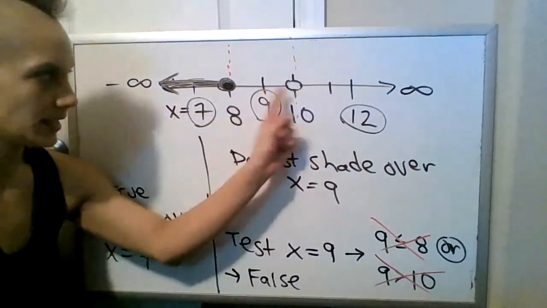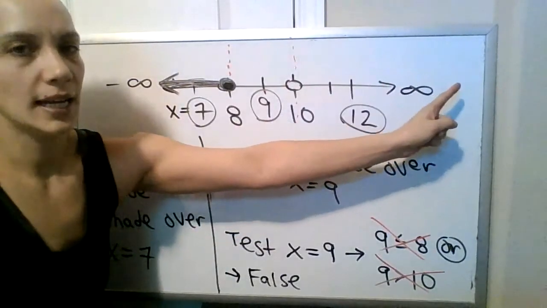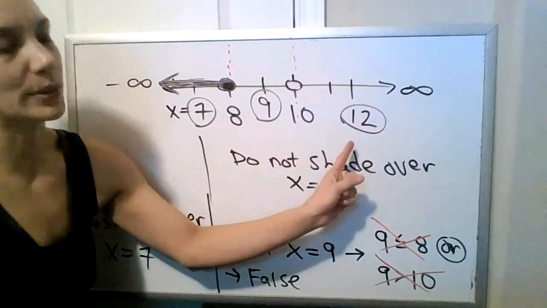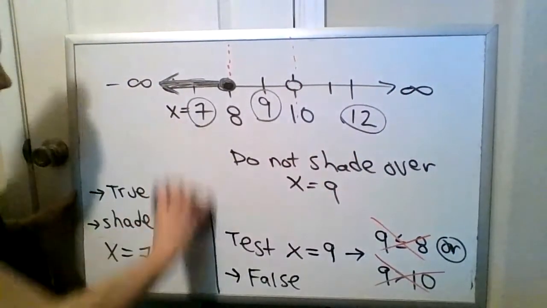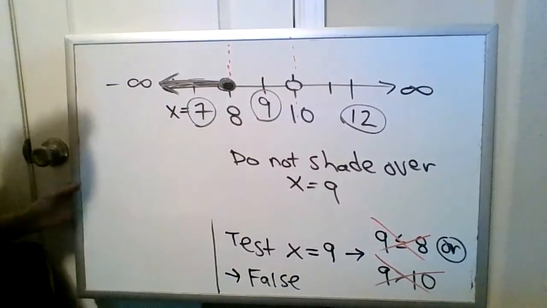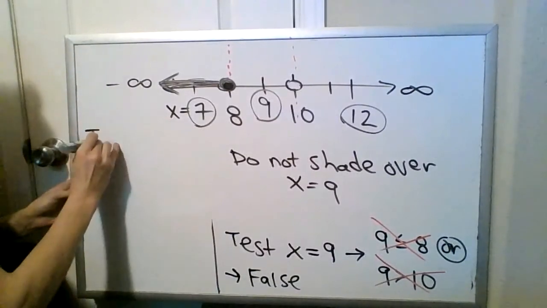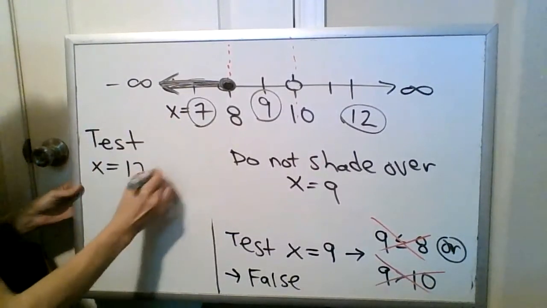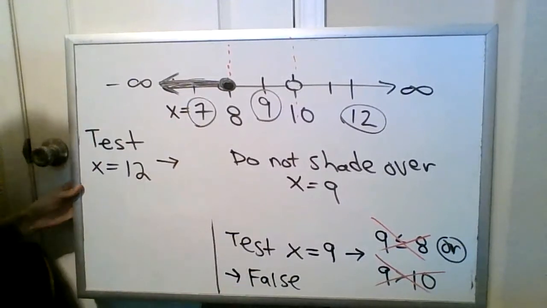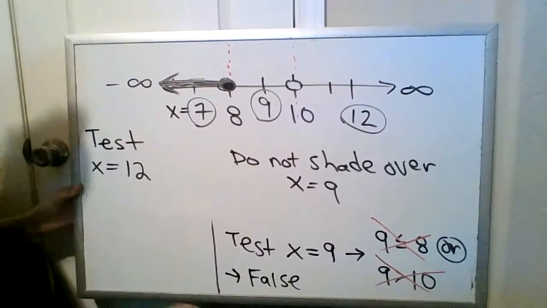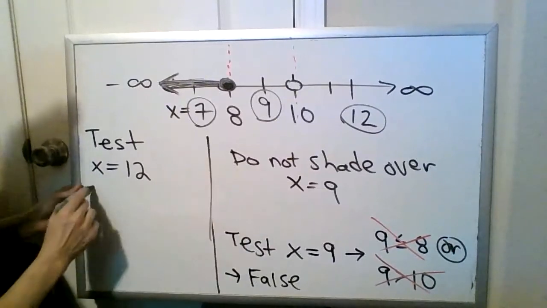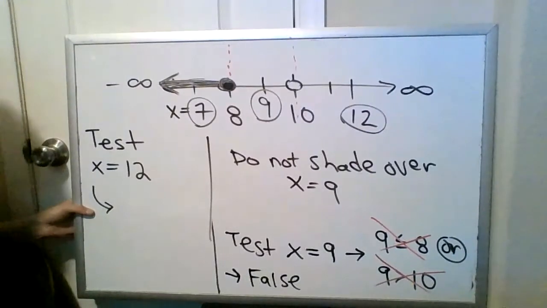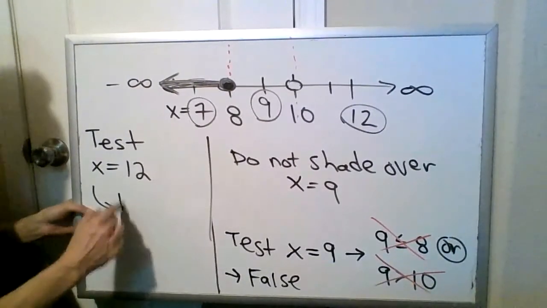Okay, we're almost done. We decided to test this piece up here. And for that section from 10 to infinity, I'm going to pick x equals 12. Okay. 12 less than or equal to 8.